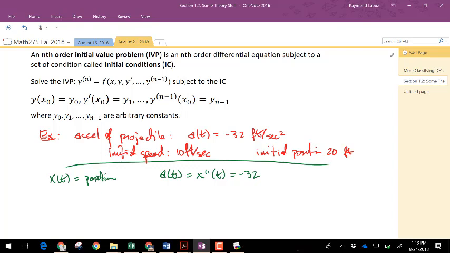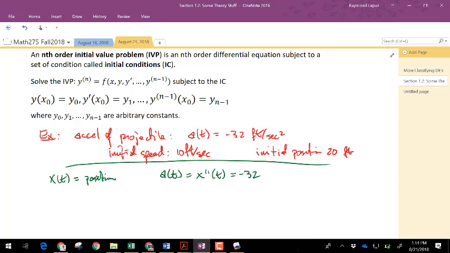The second order differential equation. Is it linear or nonlinear? So it is linear.